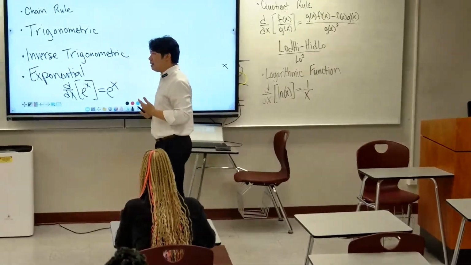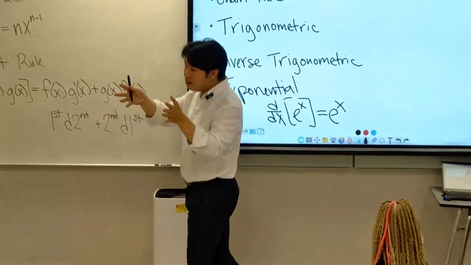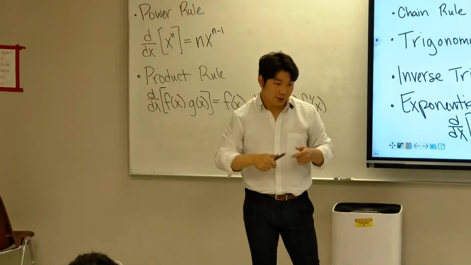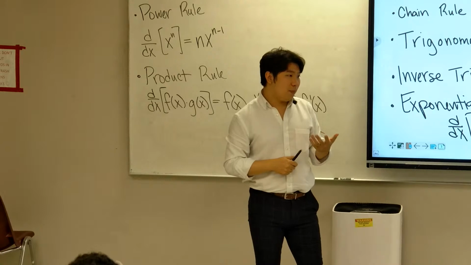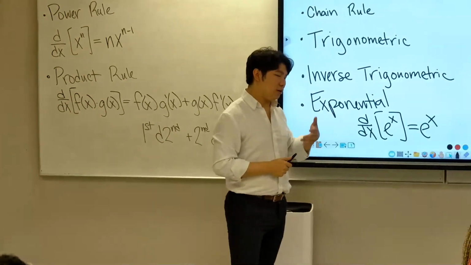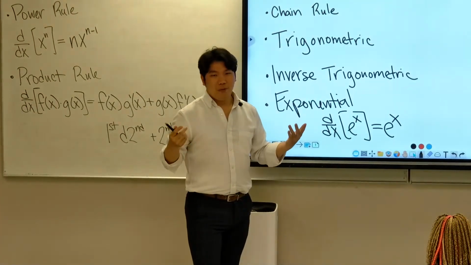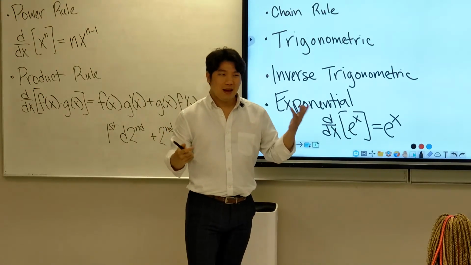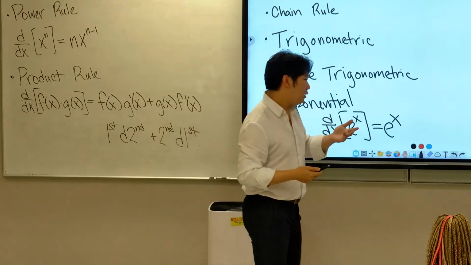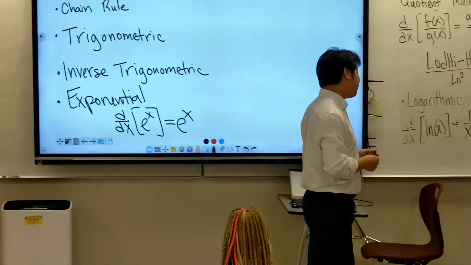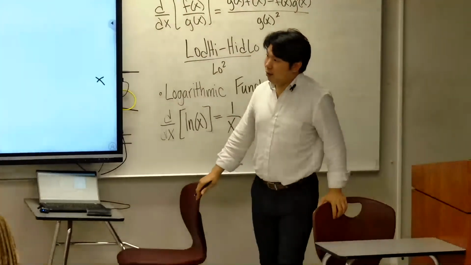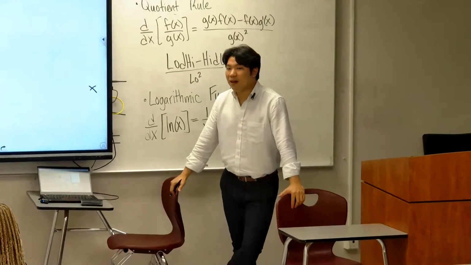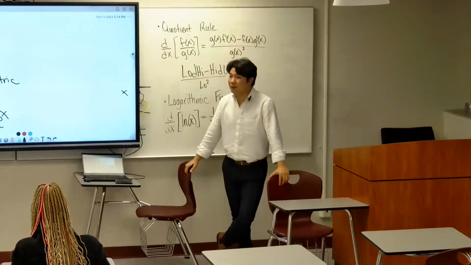Implicit form generally meant that I don't necessarily have a single variable by itself with all of the rest of my equation on the other side. And whenever I had something in implicit form, I was able to do implicit differentiation, which was just a fancier way of saying I take the derivative of both sides, keeping in mind my dy dx's and stuff like that. These are all of the derivative rules off the top of my head that we covered through this entire unit.